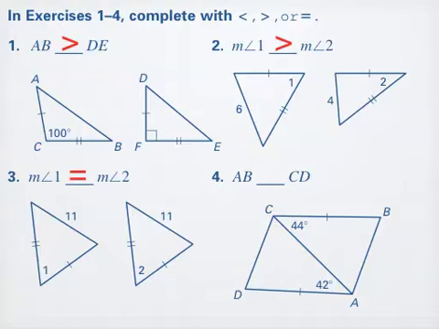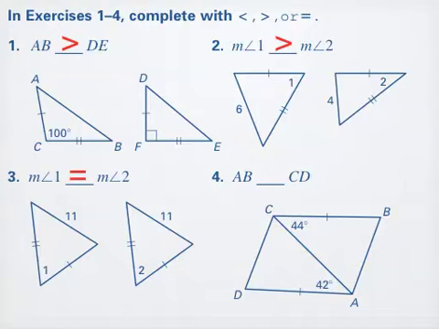If you look at number 4, we're trying to compare the two sides AB and CD. If you notice, these two triangles are sharing side CA, so by the reflexive property we can say that CA is congruent to CA, or that side is congruent to itself. So we can use the Hinge theorem. The 44-degree angle and the 42-degree angle are in two triangles and included between two congruent sets of sides.